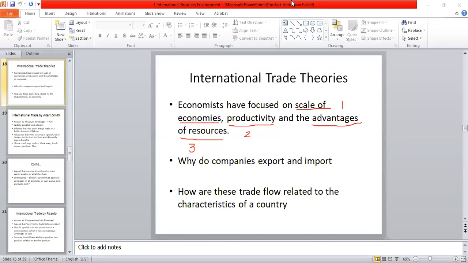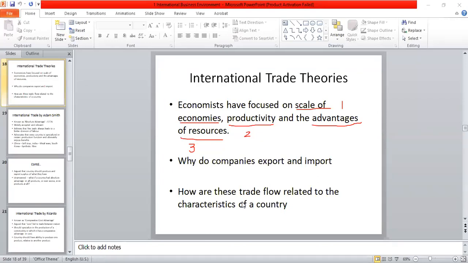The next point is the question: how are these trade flows related to the characteristics of a country? What are these trade flows? Import and export.